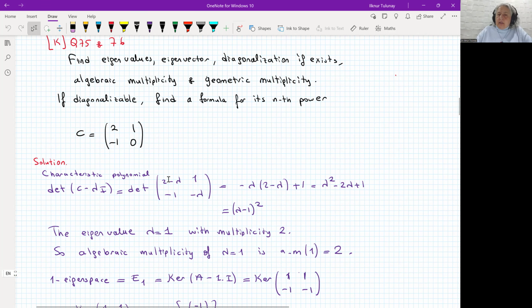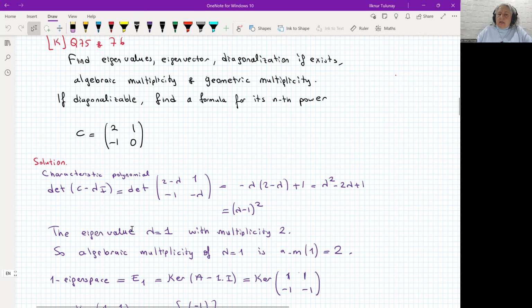The determinant of a 2 by 2 matrix is the multiplication of the main diagonal minus the multiplication of the opposite diagonal. That is, this times this minus this times this will be lambda squared minus 2 lambda plus 1. So this is (lambda minus 1) squared.